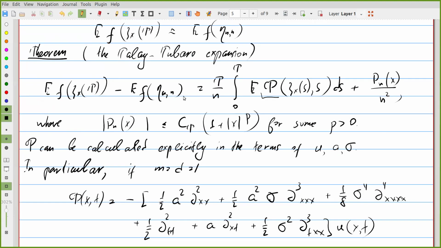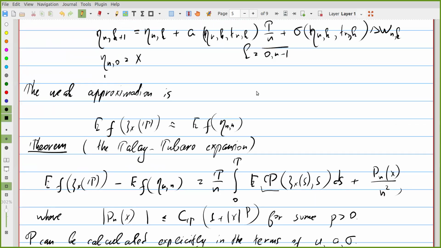The same result is true for the Milstein scheme with a different φ. So while the Milstein scheme is more accurate as a strong scheme, it has the same order of convergence as a weak scheme.